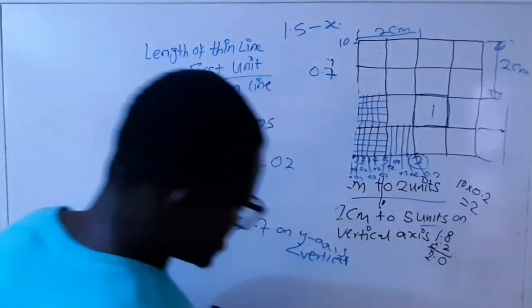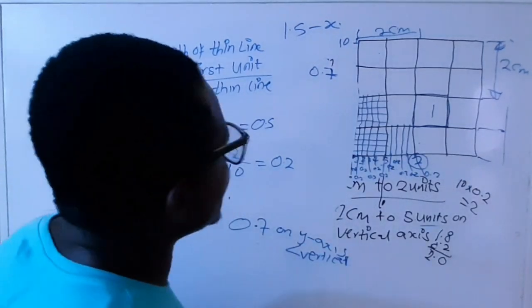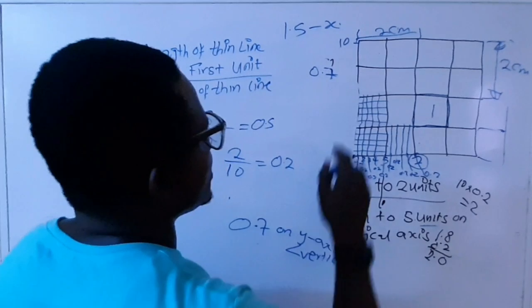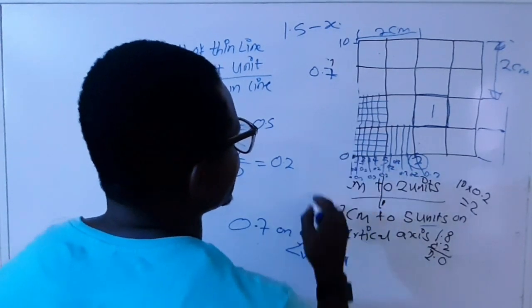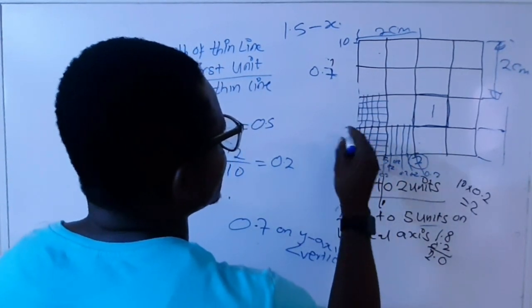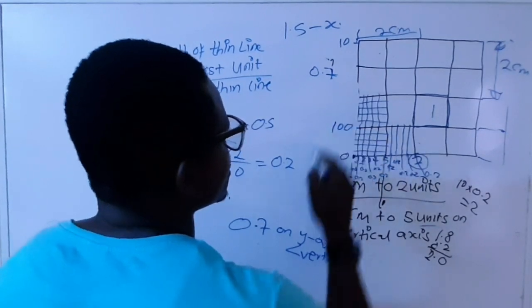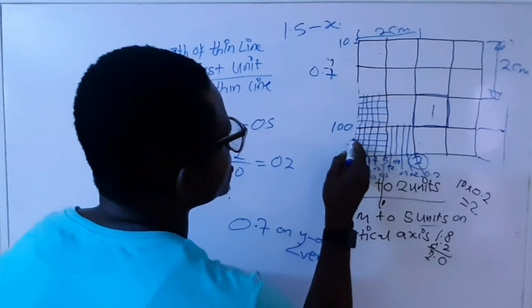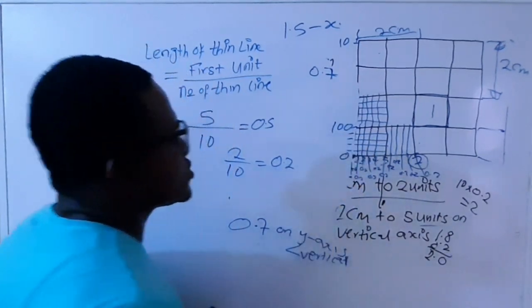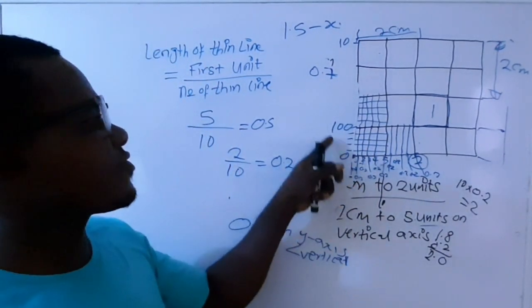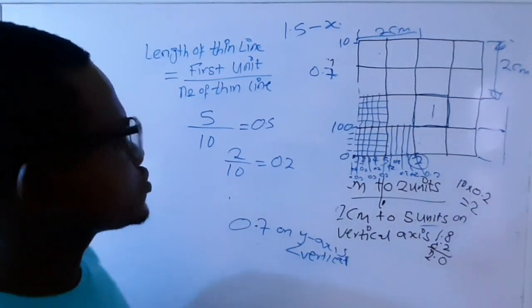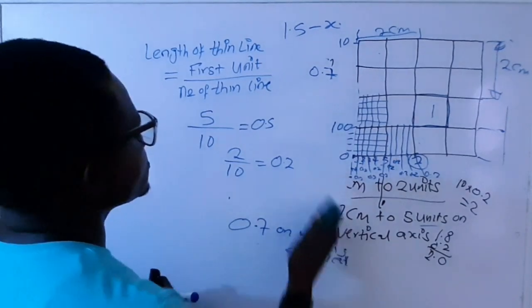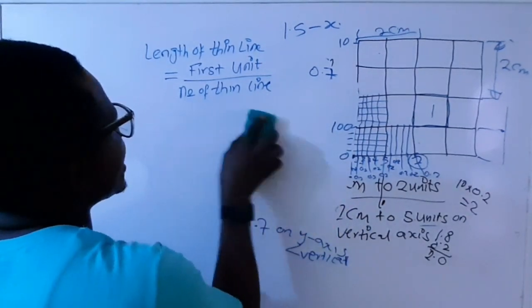Now, let's say I'm having 0 here, and I'm also having 100. How do I divide this: 1, 2, 3, 4, 5? What will each line stand for to have 100? If you go by the formula, that is the first unit divided by the number of thin lines.